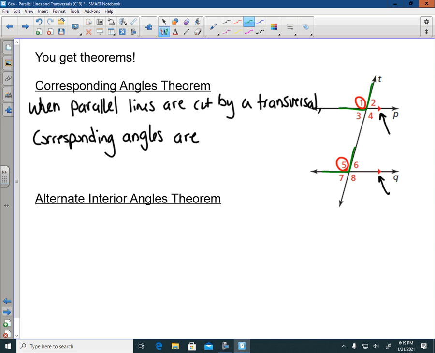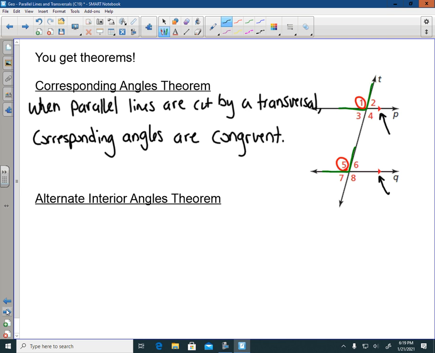If you put them together, do they add to 180 degrees? Or do they look pretty much the same? Well, I hope you guessed that they looked pretty much the same because corresponding angles are congruent. When parallel lines are cut by a transversal, corresponding angles are congruent.